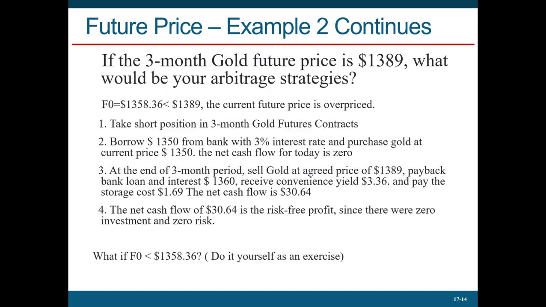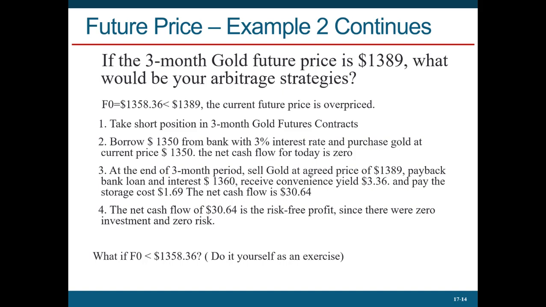Now let's look at an example to see how we can do arbitrage. If you see the gold future price is misvalued in the futures contract, let's say the 3-month gold future price is $1,389, then what can you do to exploit the arbitrage opportunity?